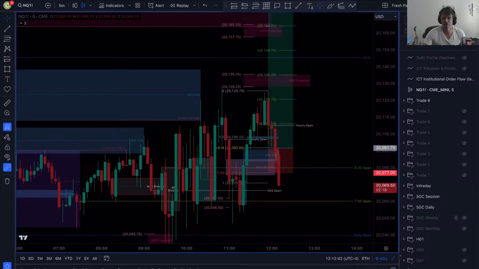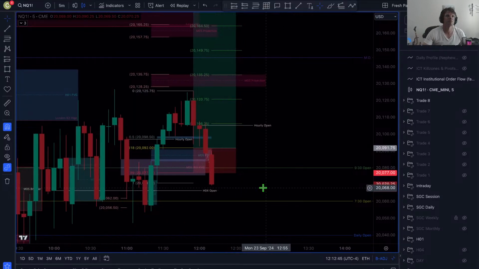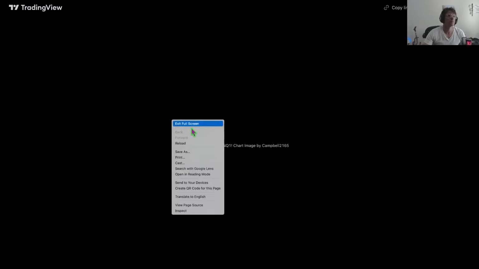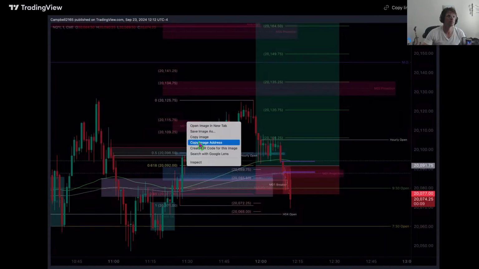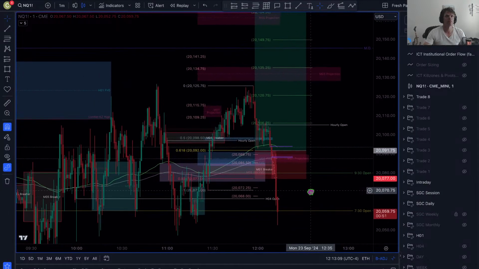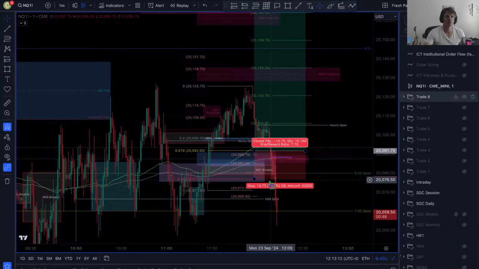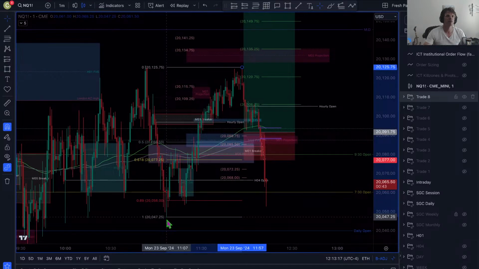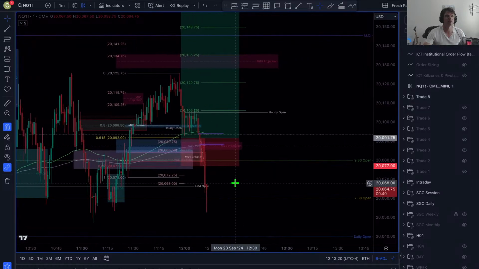Alright, gave it a go. It was a good trade though. I'm glad to see it didn't take that out and then go hold that structure that I had. Arguably if you're anchored here, you also got ticked out. So I think that was the right trade right there.